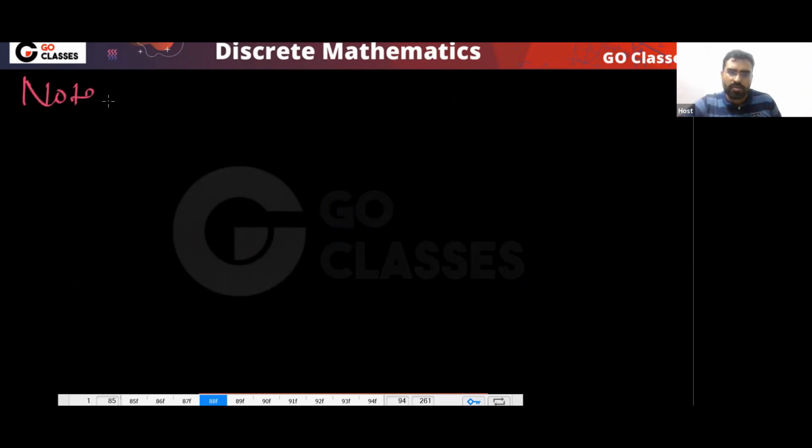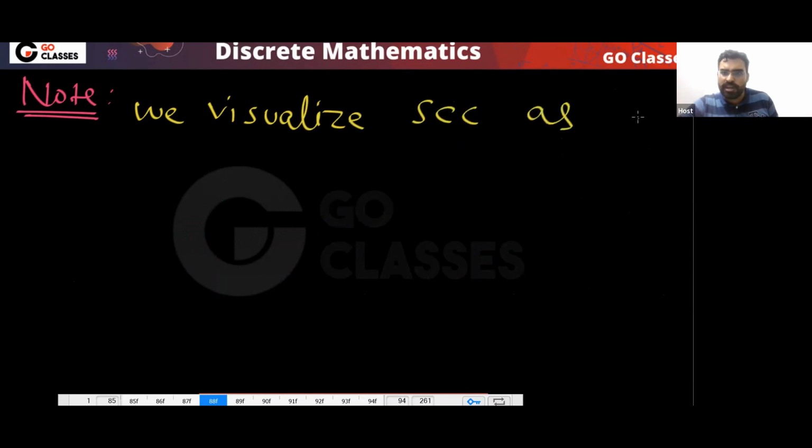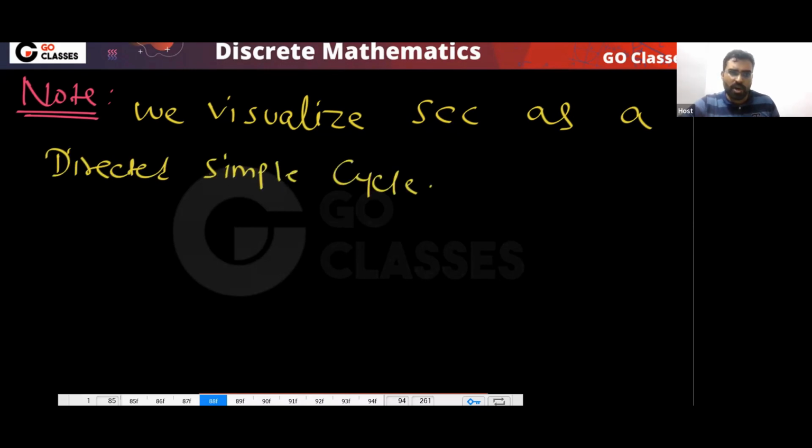Note. Remember, we visualize a strongly connected component as a cycle, as a directed simple cycle. This is how we visualize. This is just a visualization.